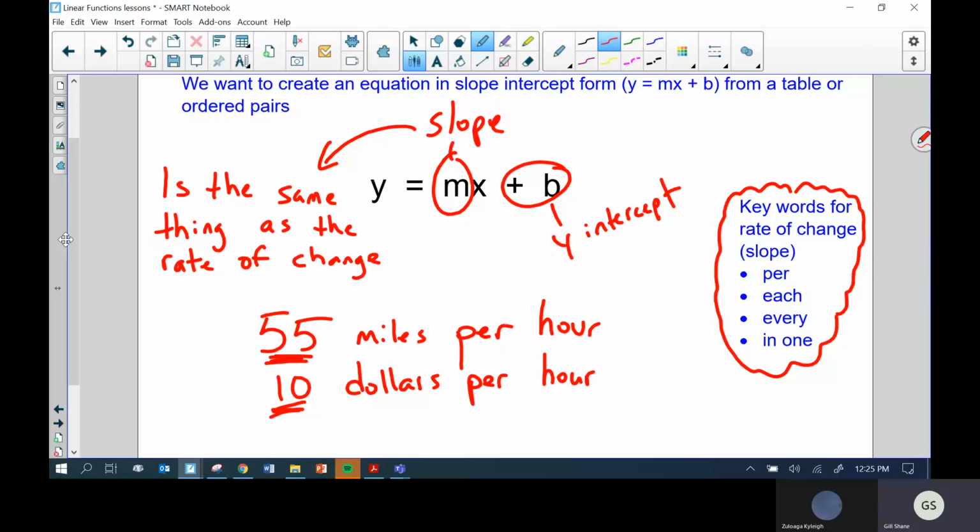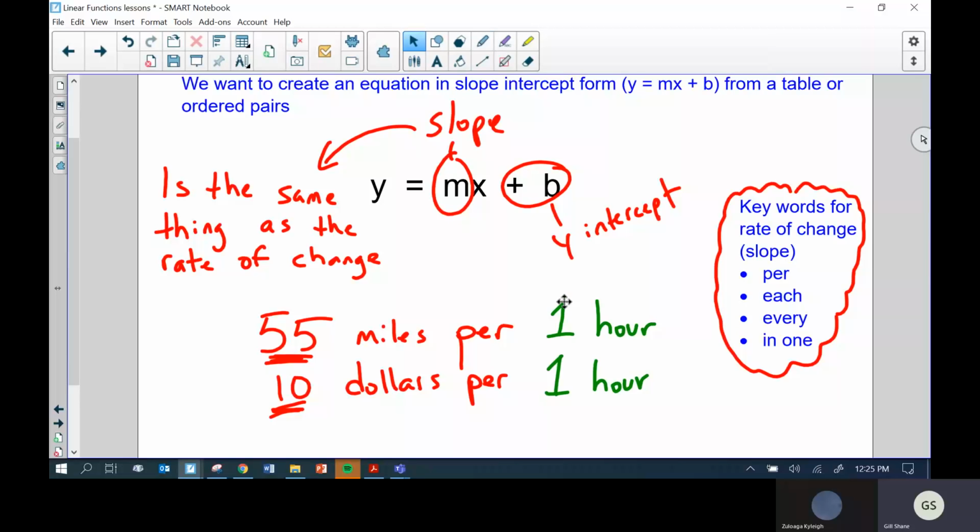But here's why it's the rate of change. It's because that is per 1 hour. If I said, hey, we went on a trip and we went 200 miles in 4 hours, well, 200 is not your rate of change.